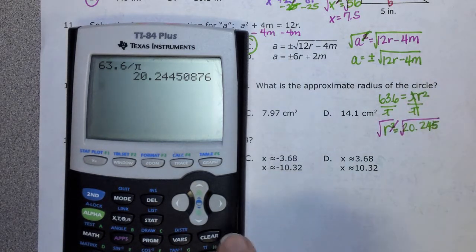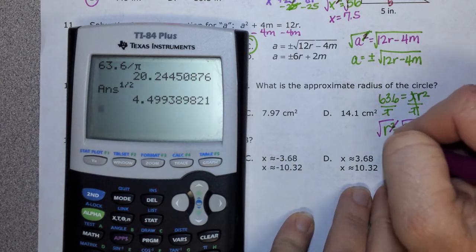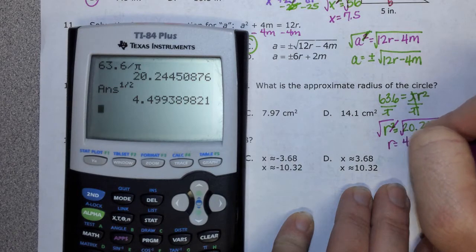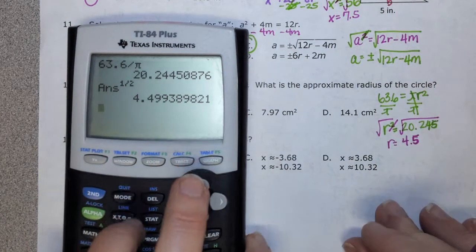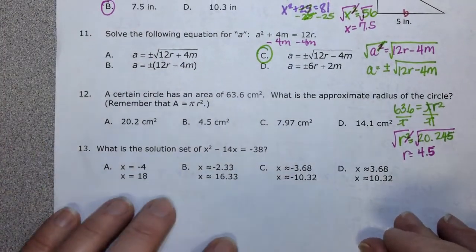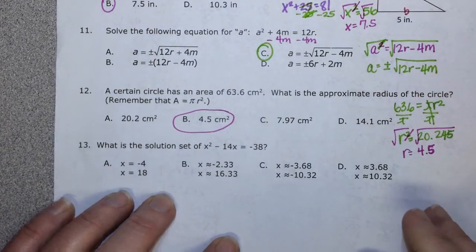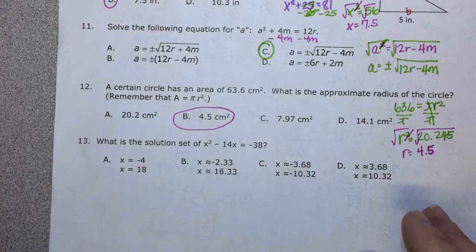Okay, so when I do that in my calculator, I'm just going to take the square root, and I get that r equals 4 point, and I'm going to round up to 4.5. So therefore our radius is approximately 4.5 centimeters.